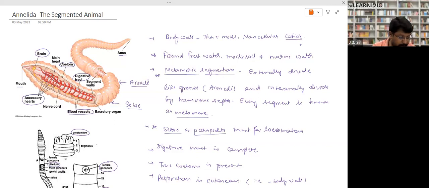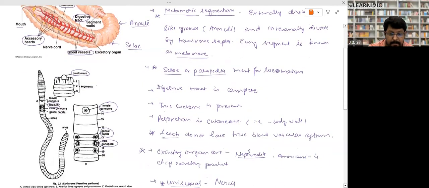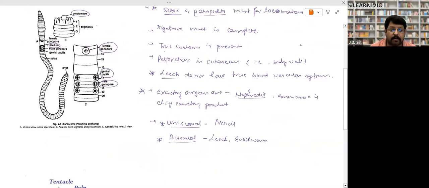Next point. Respiration is cutaneous. What is cutaneous respiration?